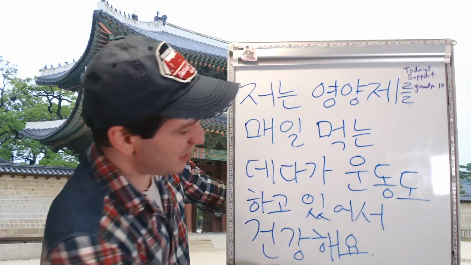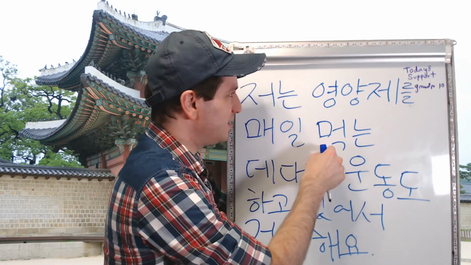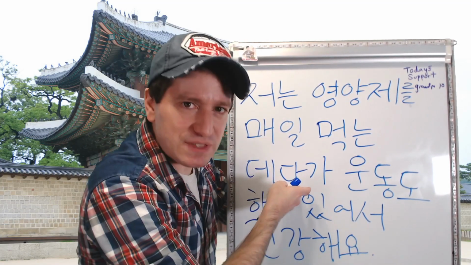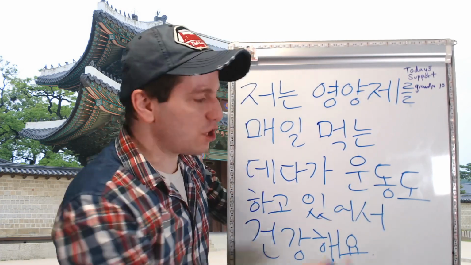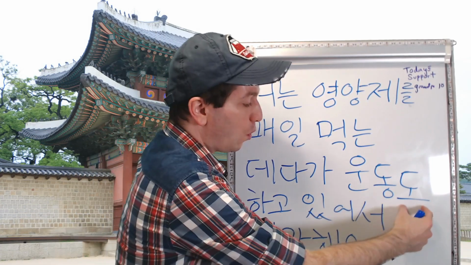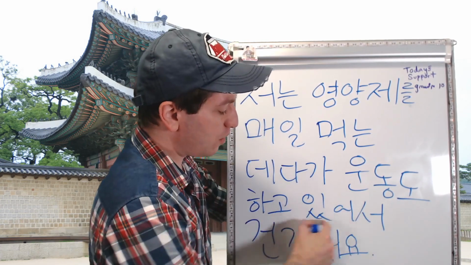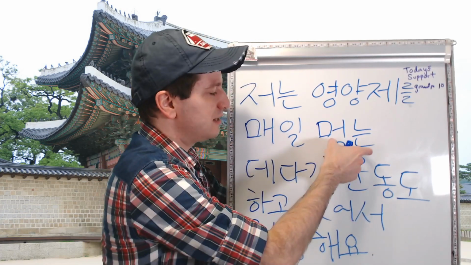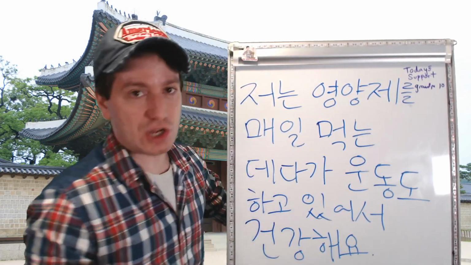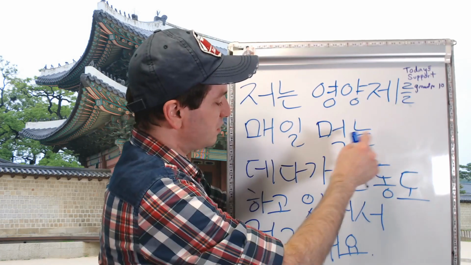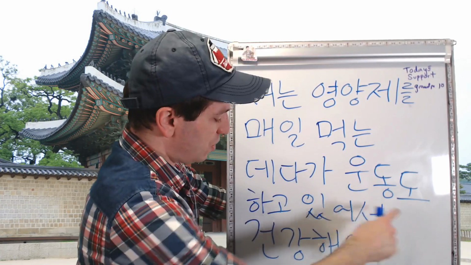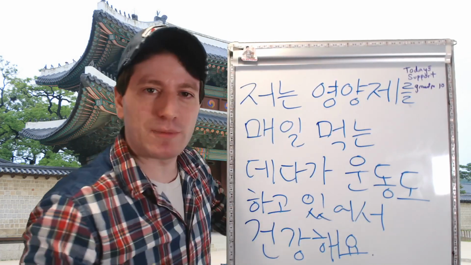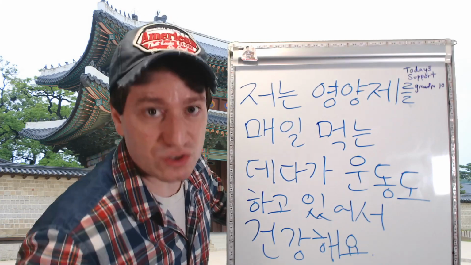So I'm healthy because I am taking supplements every day, and on top of that, on top of taking supplements every day, I'm also exercising. 운동도, literally even exercise. 하고 있어서, because I am also doing exercise on top of eating everyday supplements. So 저는 영양제를 매일 먹는 데다가 운동도 하고 있어서 건강해요. So I am healthy because on top of taking supplements every day, I am also doing exercise.